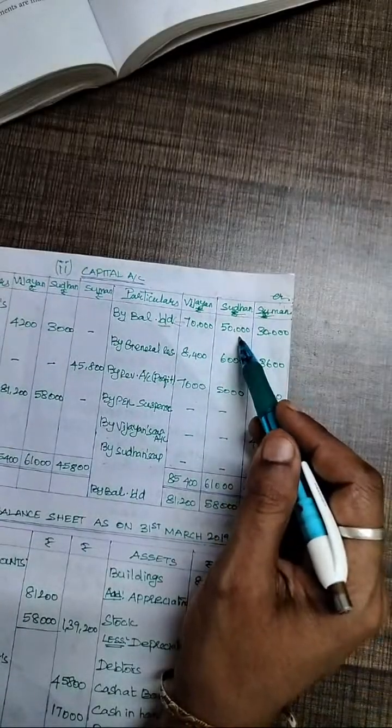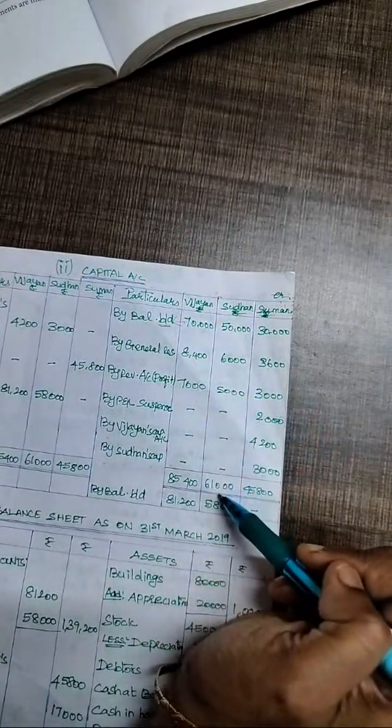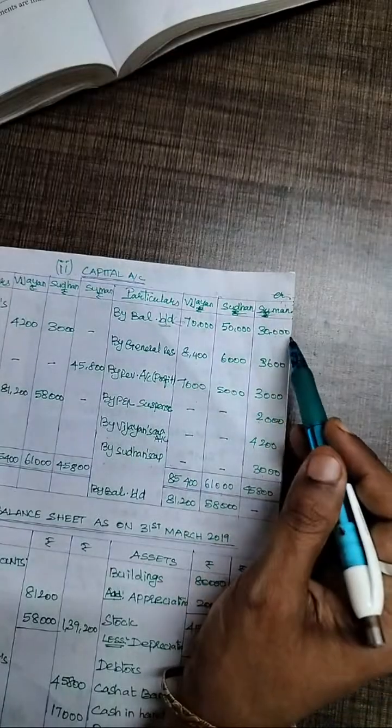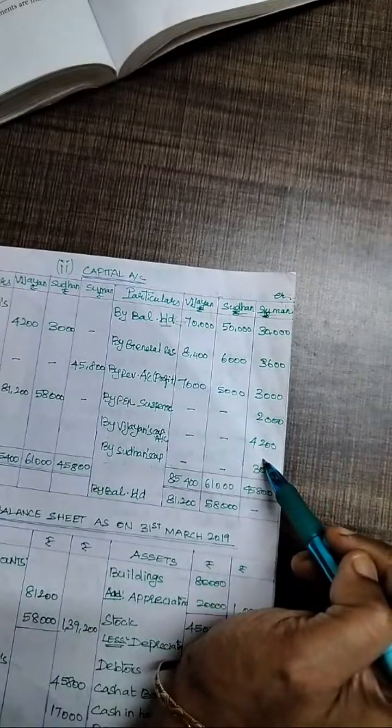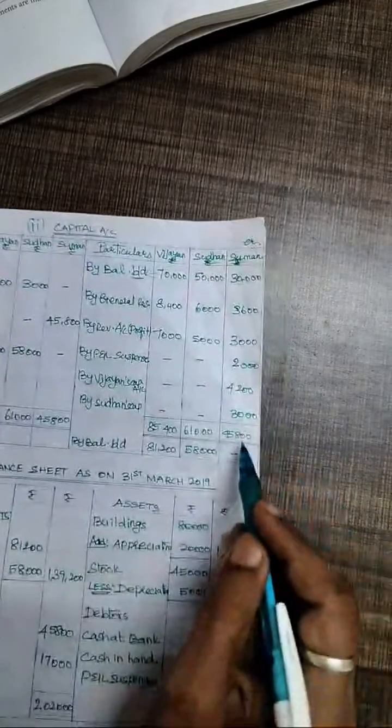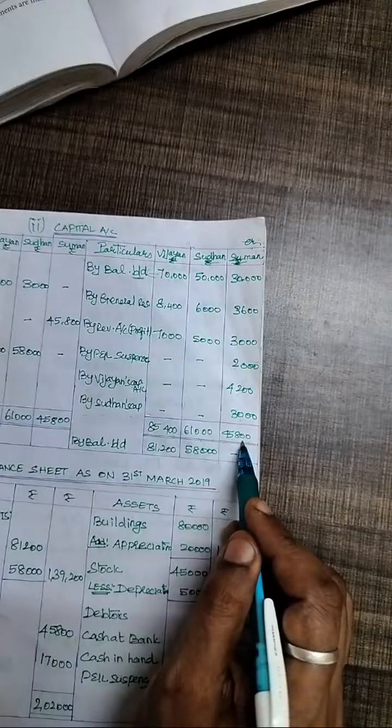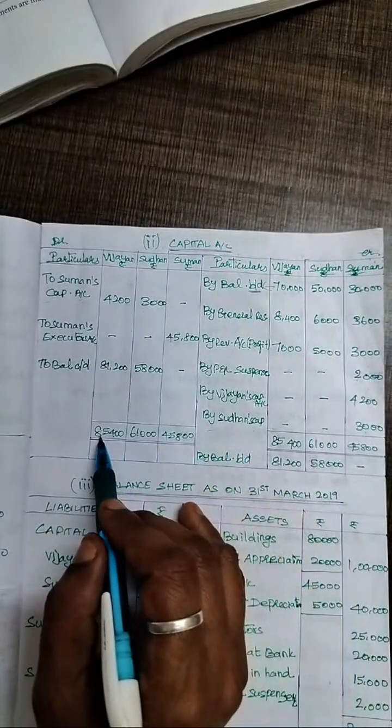Sudhan's column: 50,000 plus 6,000 plus 5,000 added together is 61,000 rupees. Suman's column: 30,000 plus 3,600 plus 3,000 plus 2,000 plus 4,200 plus 3,000, you get 45,800 rupees. The same total we enter on the same horizontal line on the opposite side, that is the debit side.